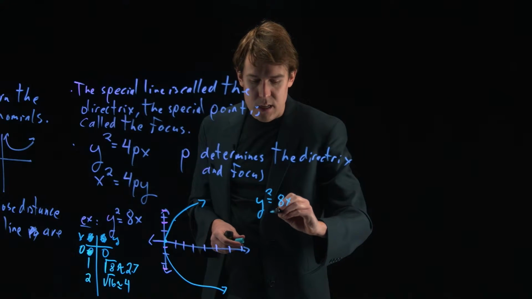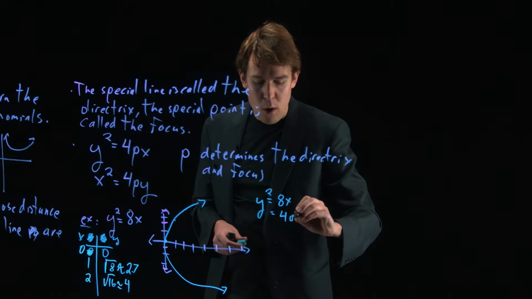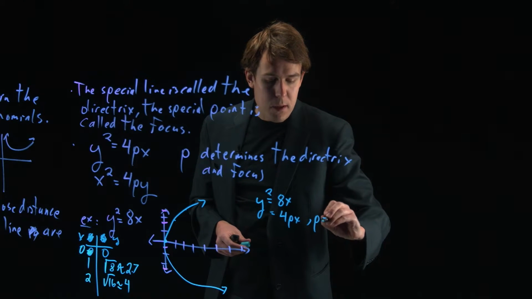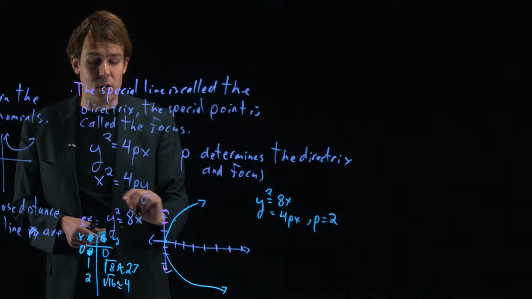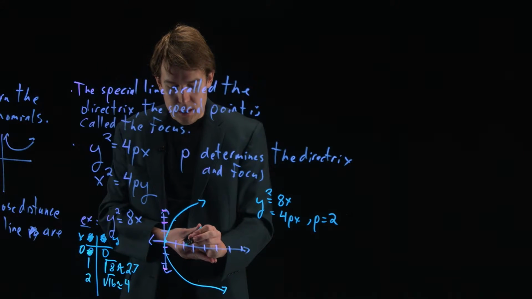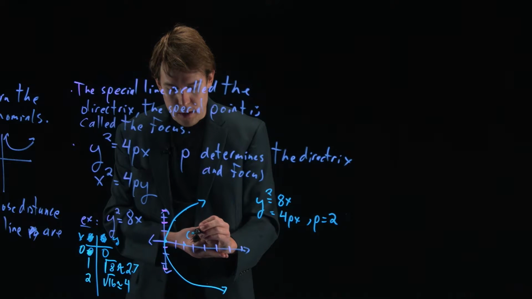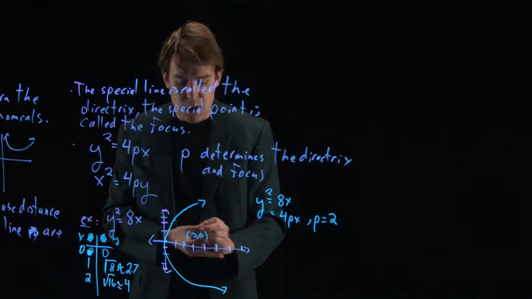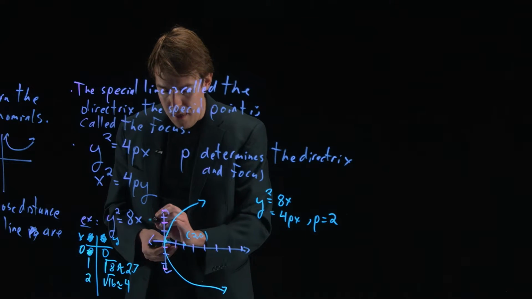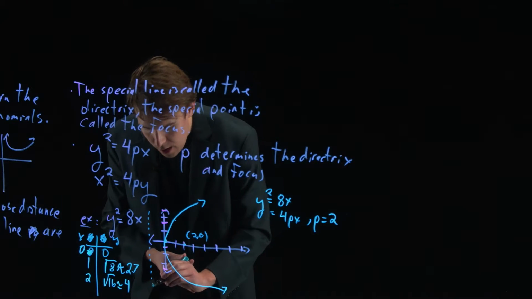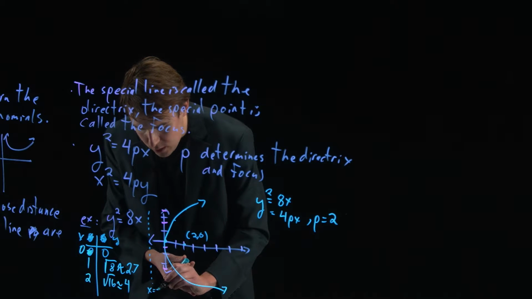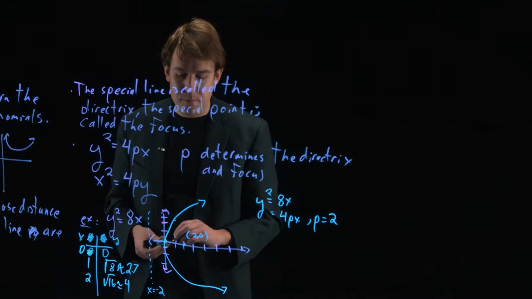And then if I write y squared equals 8x in the form 4px, then p is equal to 2. So that's this special number here that determines the focus and the directrix. So the focus is here at the point 2, 0. And then the directrix is this line here at x equals negative 2.